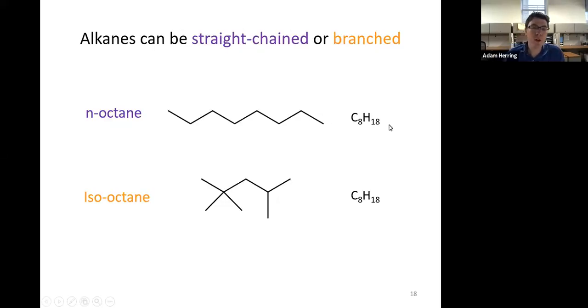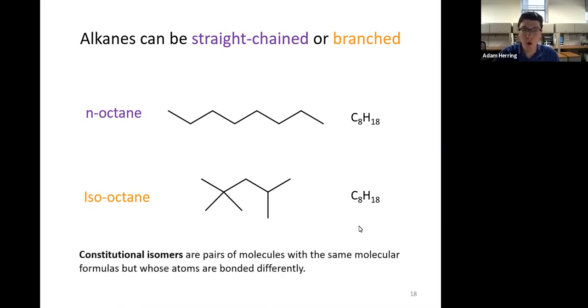So earlier, when we looked at hydrocarbons and alkanes, we talked about how they can either be straight-chained or they can be branched. So what's the relationship that exists between these molecules? While they have the same molecular formula, they are not identical. These are what we call constitutional isomers or structural isomers.